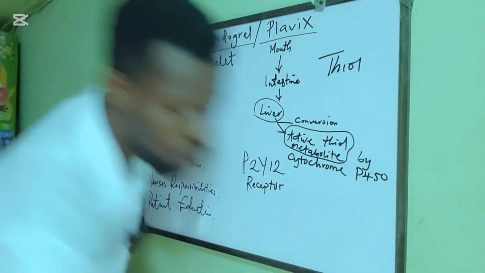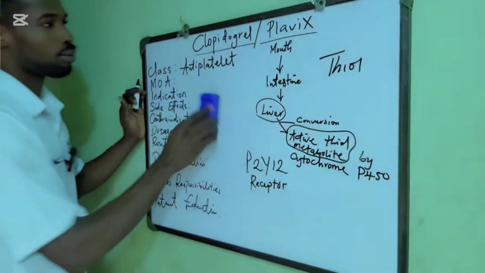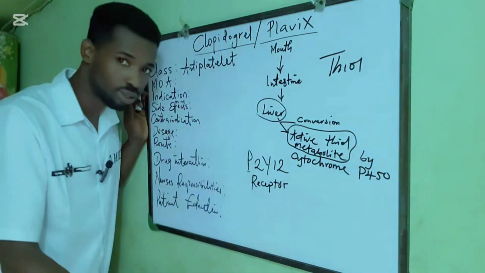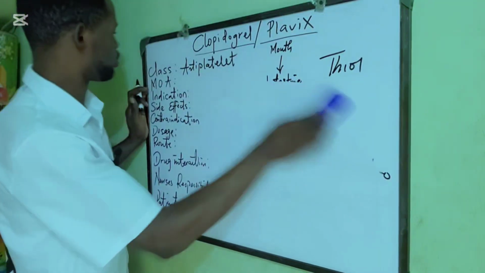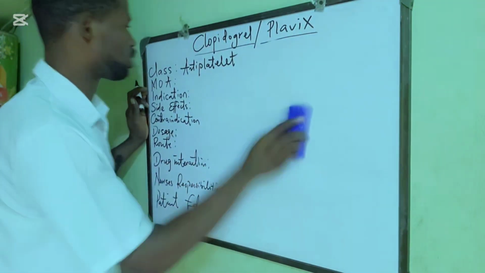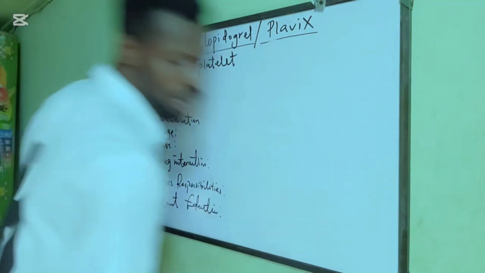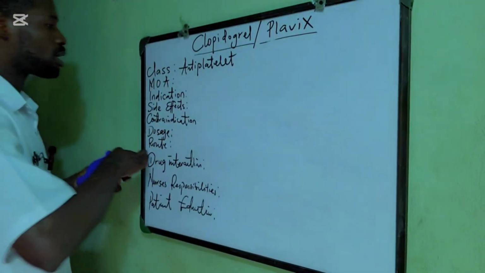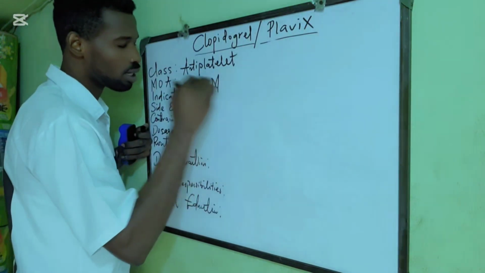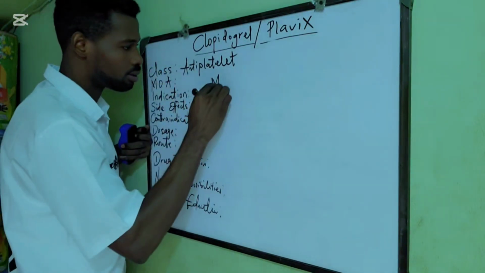So I'm going to wipe the board. Please always have these videos on repeat so that you can grab what I'm saying. Let's go to the indications. Indications are the reason why we are taking this medication. Number one indication is myocardial infarction, or heart attack.